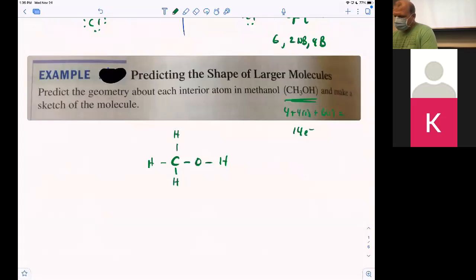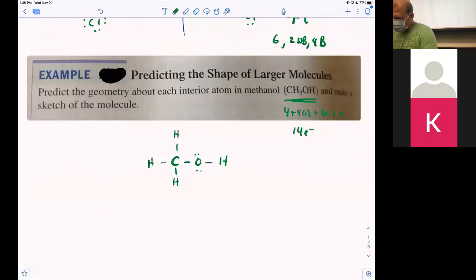So each line we've placed 2, 4, 6, 8, 10, 12, 14. So all the electrons are placed.